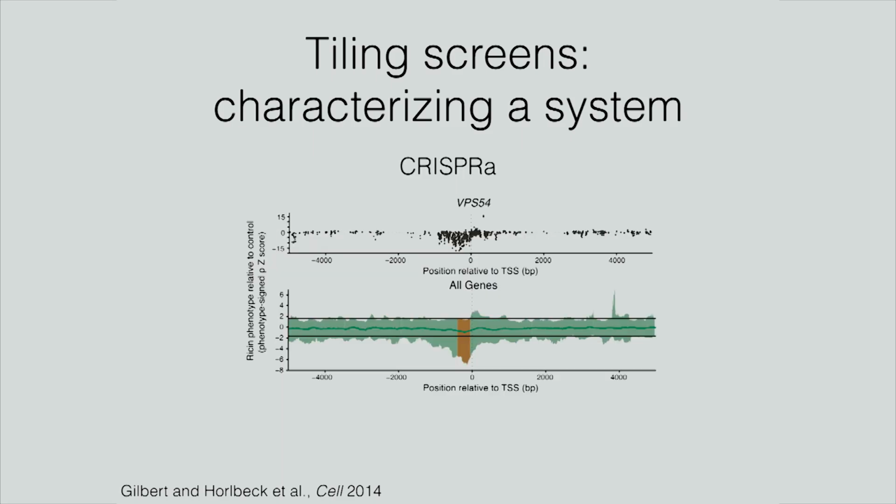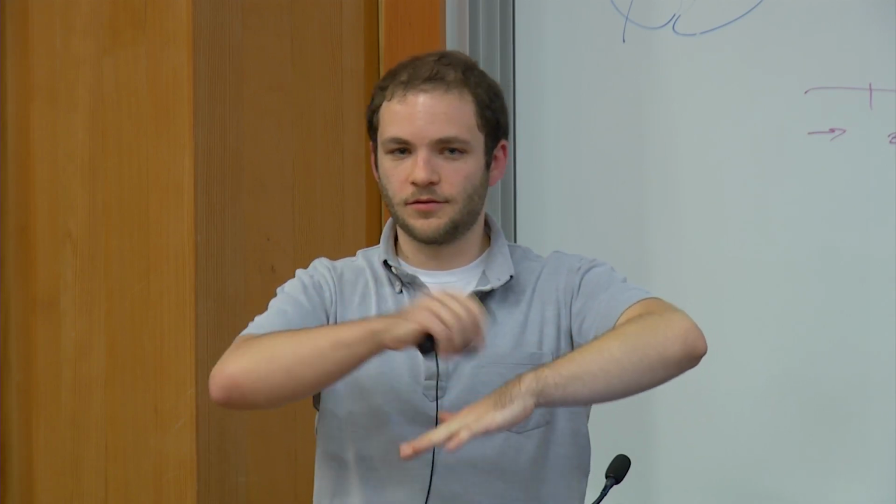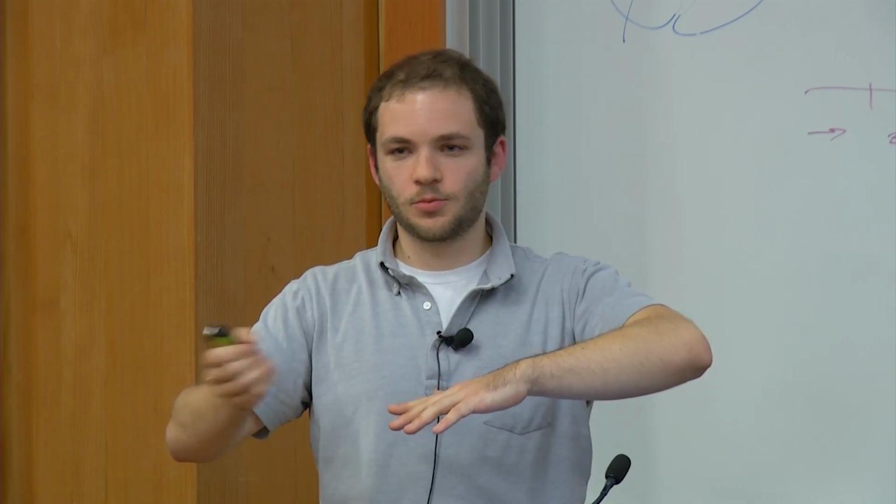And of course, one nice thing is if you're not designing it for one particular technology, you can do the same tiling screen with every different activator, inhibitor, and potentially different Cas9s, active Cas9, and really saturate both the locus and the information that you're getting.